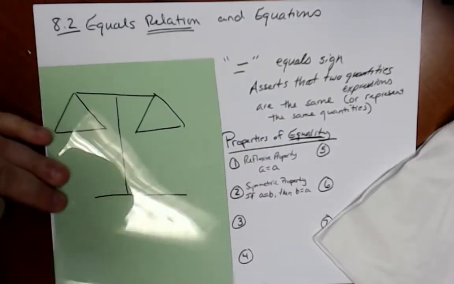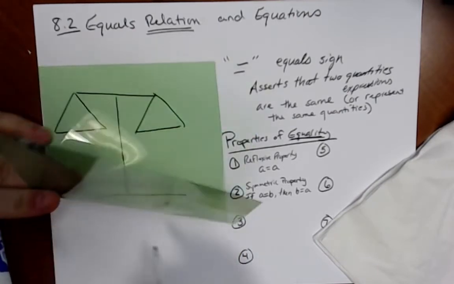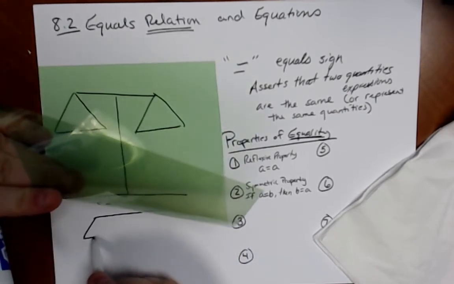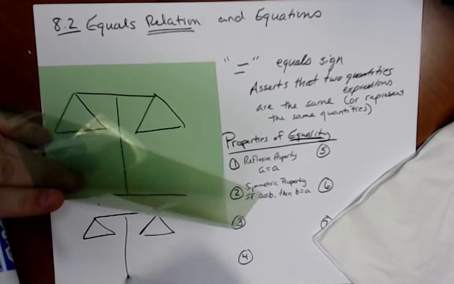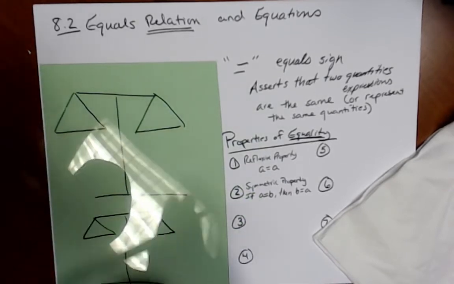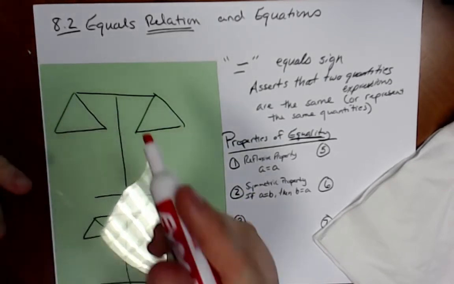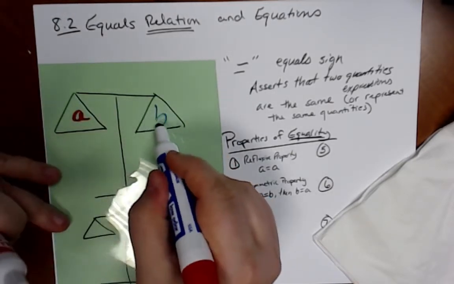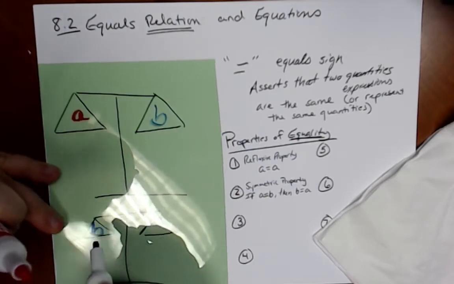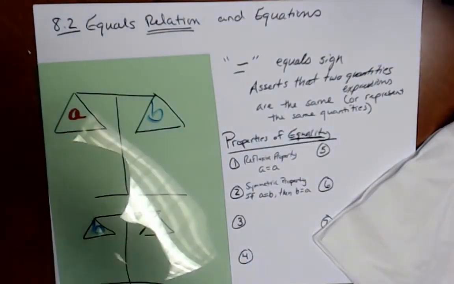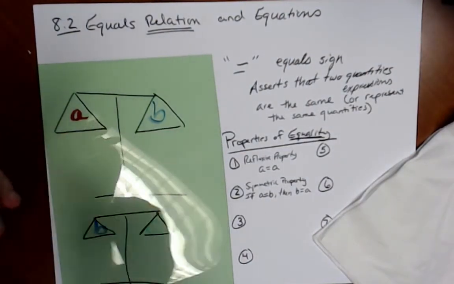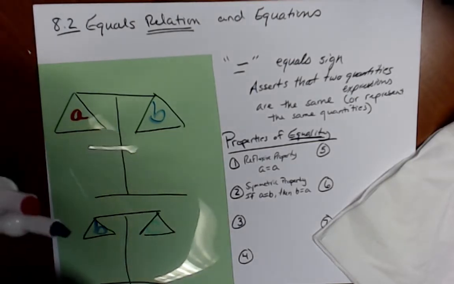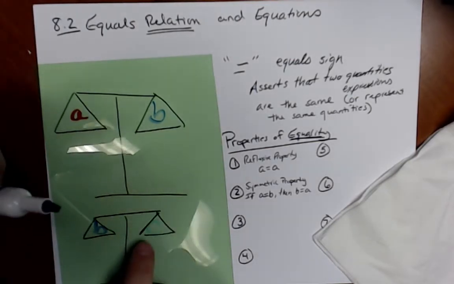And now I'm going to draw a second pan balance, because I'm going to need it for the next couple. So if A equals B and B equals some C, oh, that C is really hard to read because it's in green.